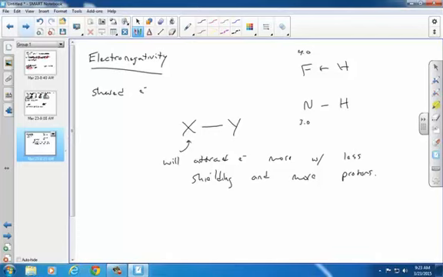If you were to look at fluorine versus chlorine, fluorine is 4.0, chlorine is 3.0. Here the difference is the difference in shielding. Because chlorine has a whole other layer of electrons, if we were to look at what chlorine looks like, even with 17 protons in its nucleus, it has the 1s real close to the nucleus.